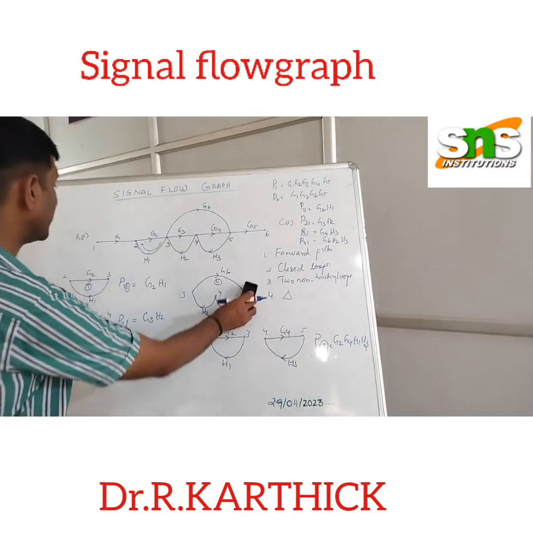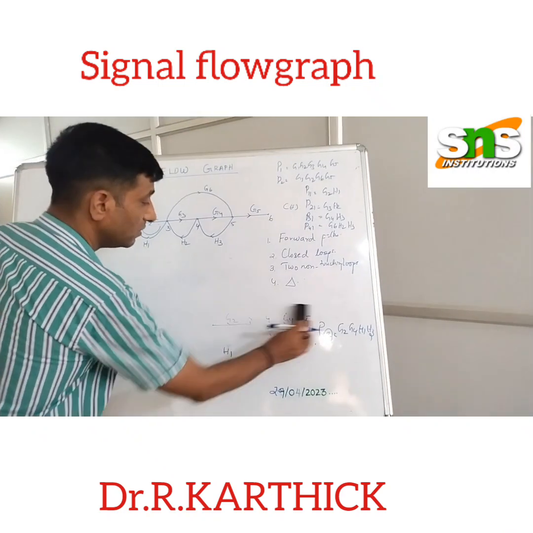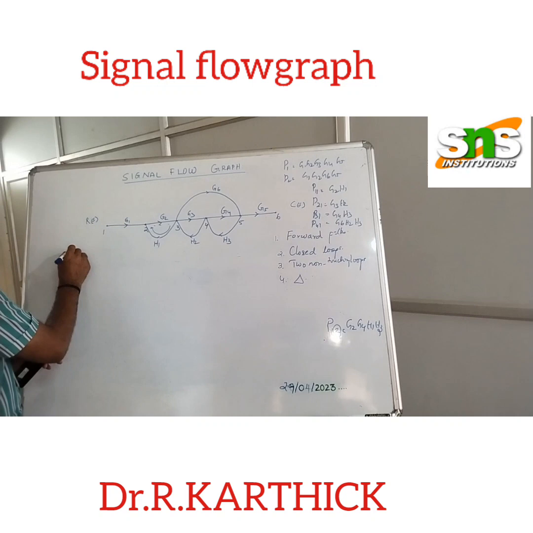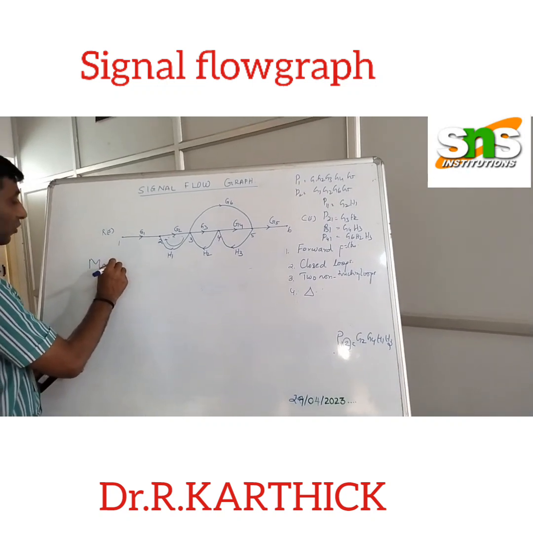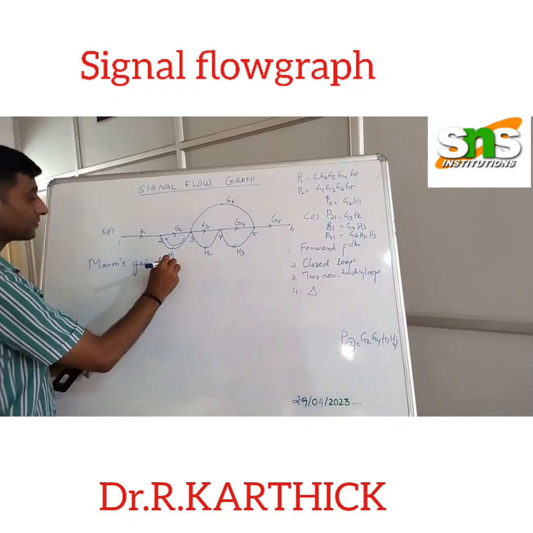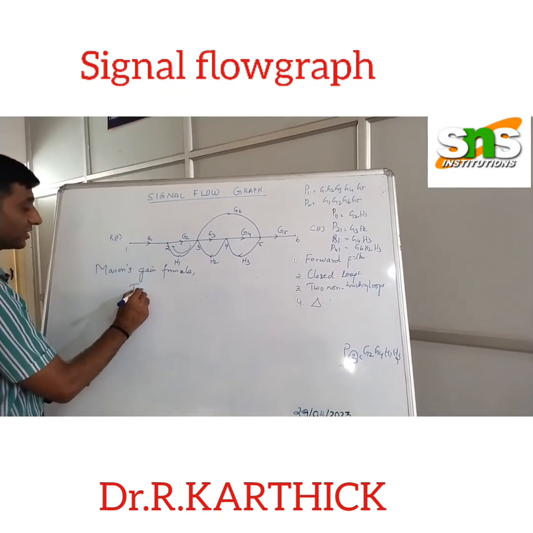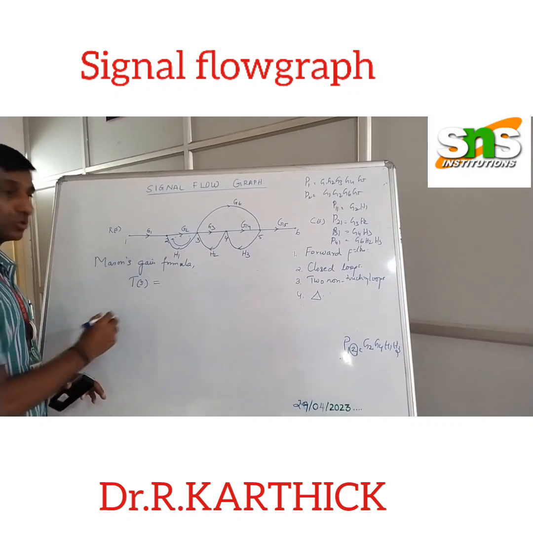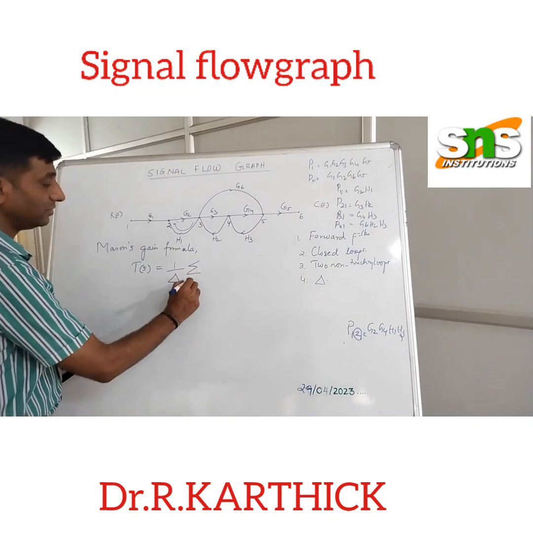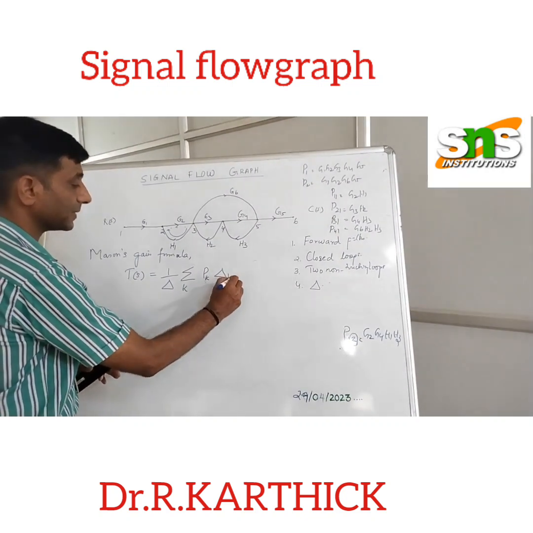So that is using Mason's gain formula. In the beginning I have told you we are going to find the transfer function using Mason's gain formula. So according to Mason's gain formula, we have our transfer function which is given by T of S, which is equal to 1 divided by delta, summation k, Pk delta k.